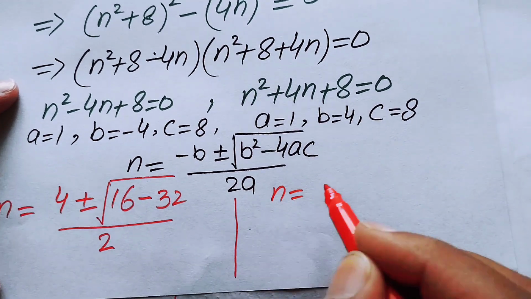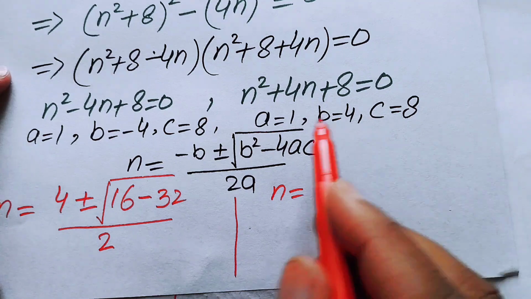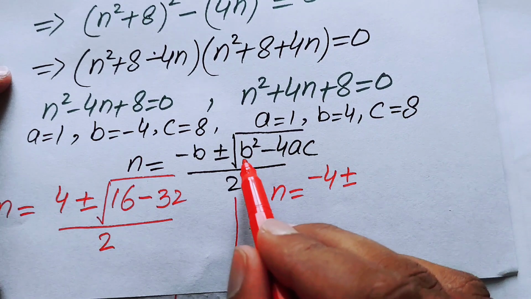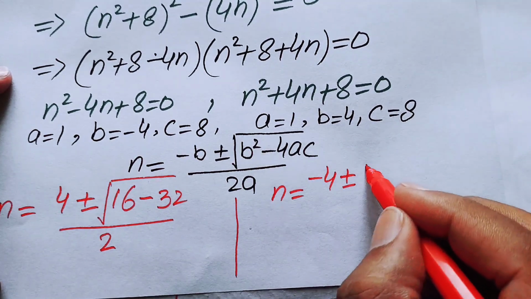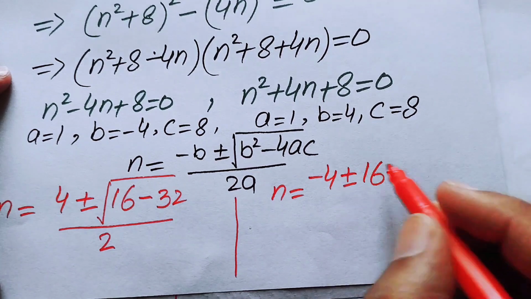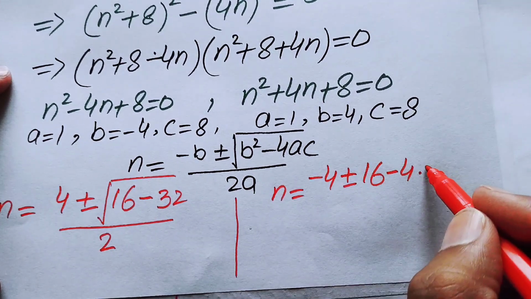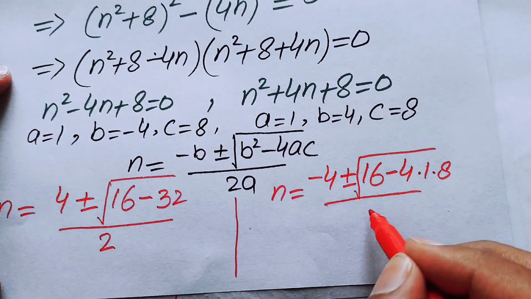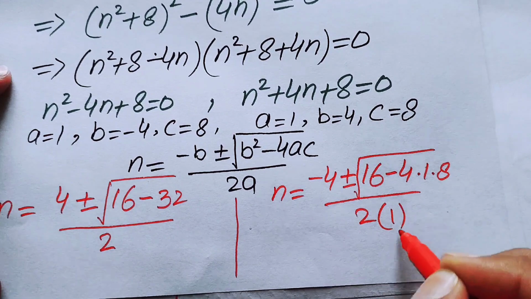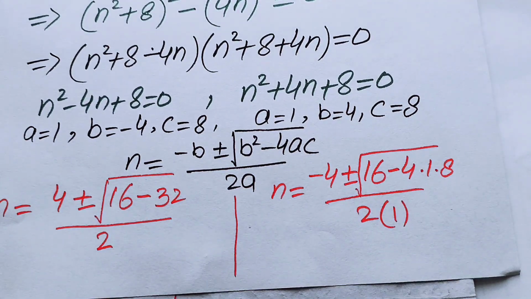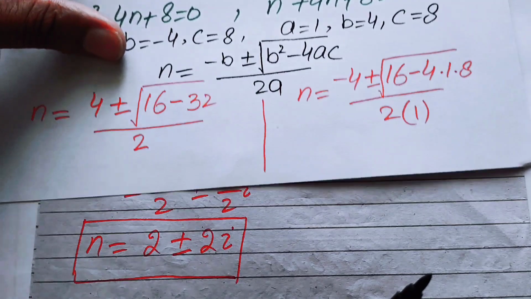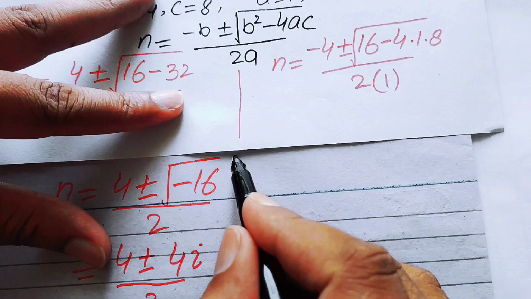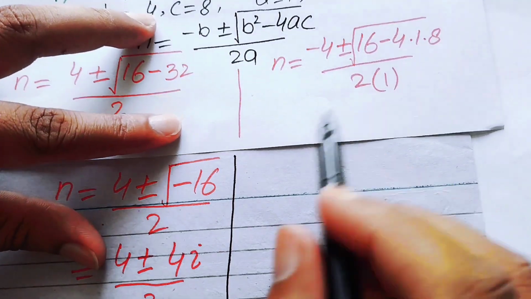You get n is equal to, here the value of b is 4, so when you put it here you get minus 4 plus minus the square root of b squared, so b is 4, so 4 squared is 16, minus 4 times a, which is 1, and c, which is 8, over 2 times a, and the value of a is equal to 1.